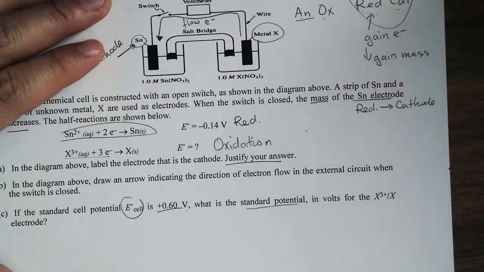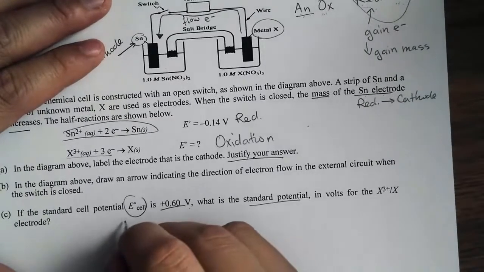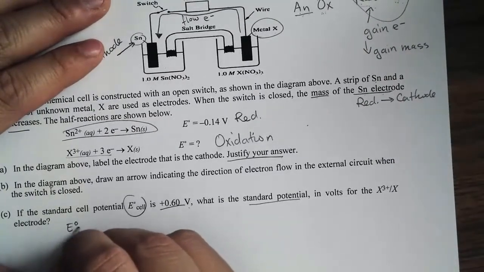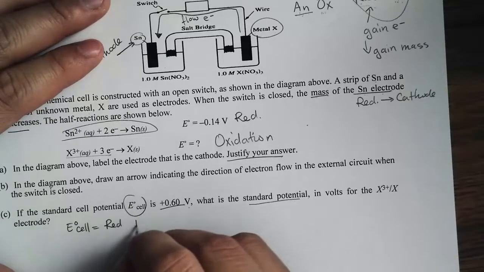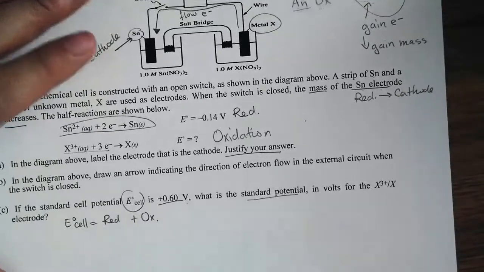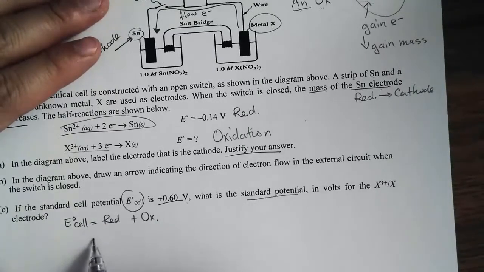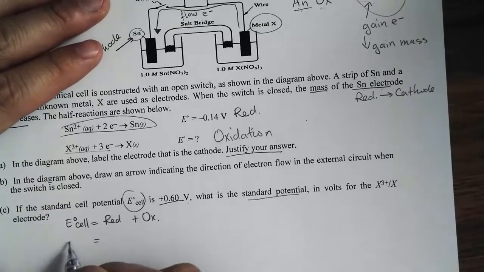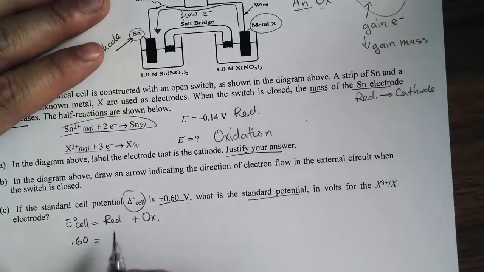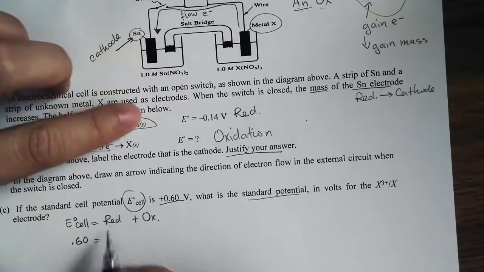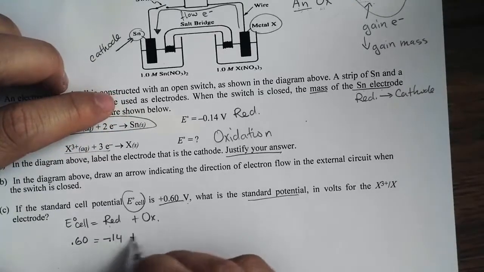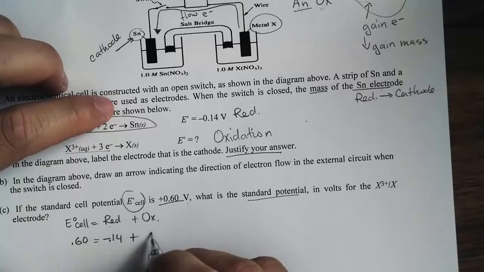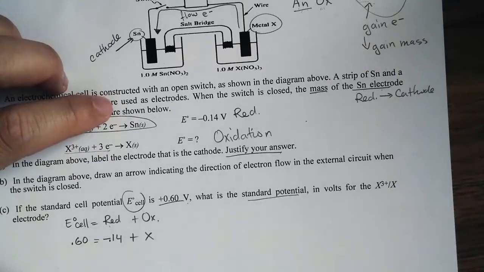So we don't know specifically what that is, but we know that E cell is equal to reduction plus oxidation. We know the E cell is equal to 0.60, and we also know the reduction is Sn, which is negative 0.14, plus oxidation, which in this case is going to be X, because we don't know.